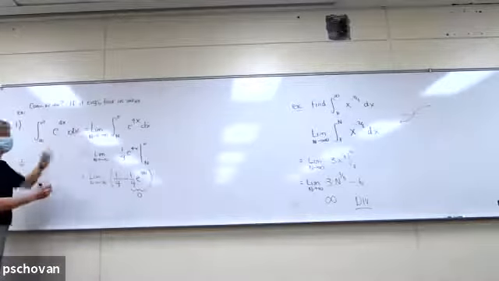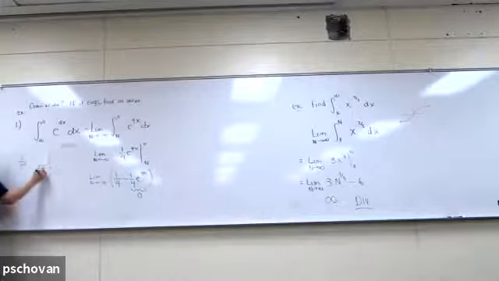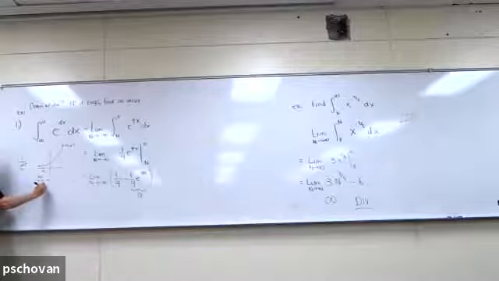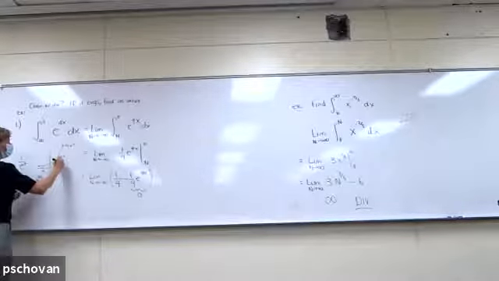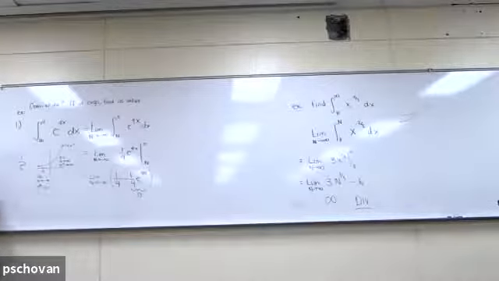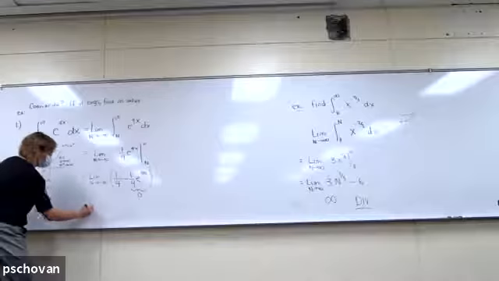Also think of the graph of e to the x. E to the x looks like this. If I'm way back here, this is getting real close to the x-axis. As n goes to minus infinity, e to the n goes to 0. As n goes to plus infinity, e to the n goes to infinity. In other words, e to the infinity is infinity, e to the minus infinity is 0. So that goes to 0, so this converges to 1/4.